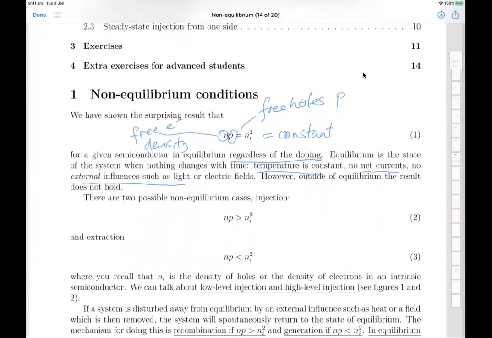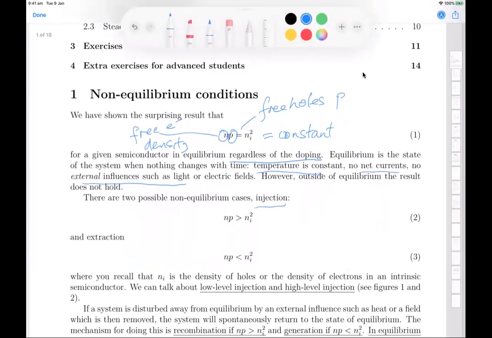And there are two possible cases. We can have a situation where the population is higher than the equilibrium population, where the NP product is greater than Ni squared. This is called injection.